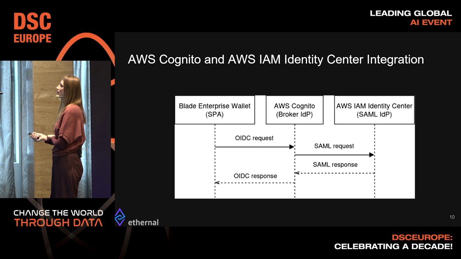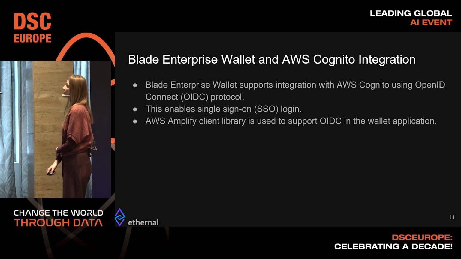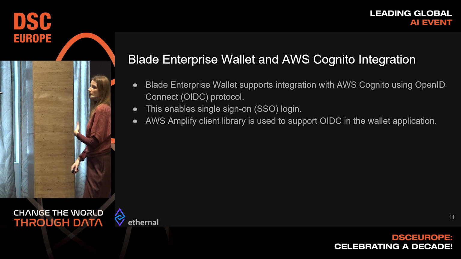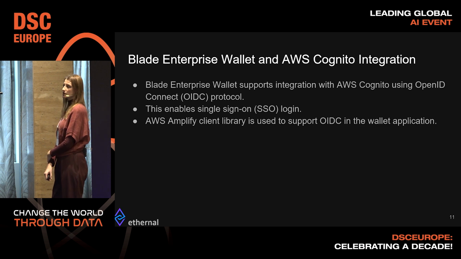The thing is that initially we exchange OpenID requests and responses with Cognito, and from Cognito to Identity Center, we are using SAML. As for the single-page apps and the Cognito integration, there are two things that have to be done. The first thing is to configure the application on Cognito itself.